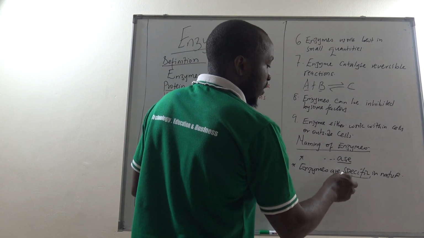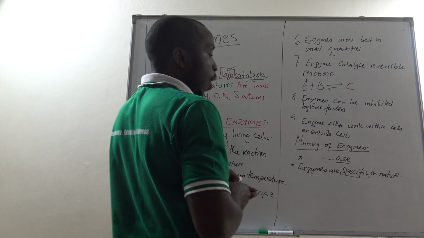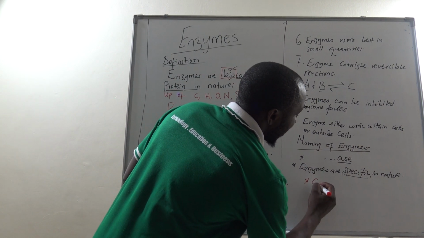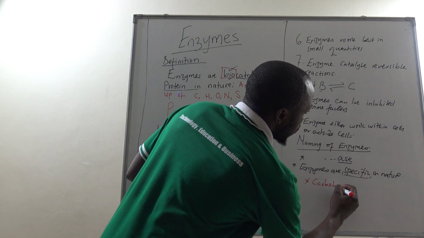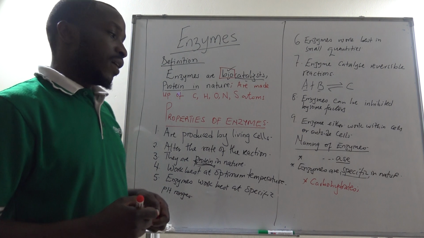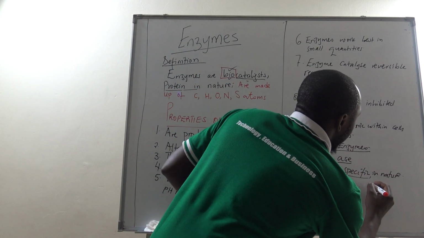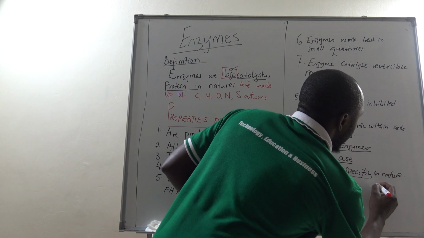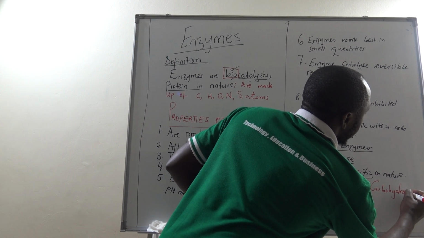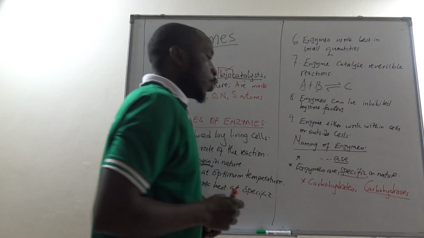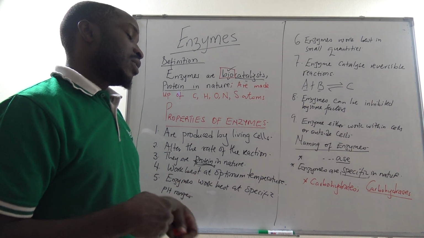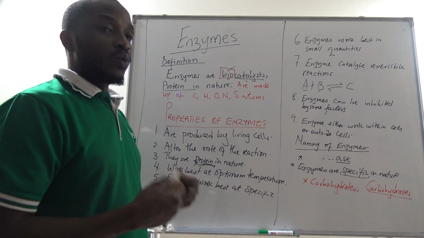Because now they are specific in nature, while naming them, we can bring in that you want to see an enzyme that works on carbohydrates. Collectively, we shall now say all enzymes that work on any carbohydrate can be grouped as carbohydrases. We shall see many carbohydrases: amylase enzyme, maltase enzyme, sucrase enzyme.